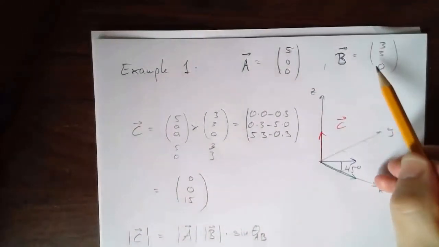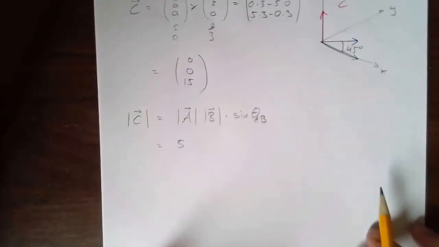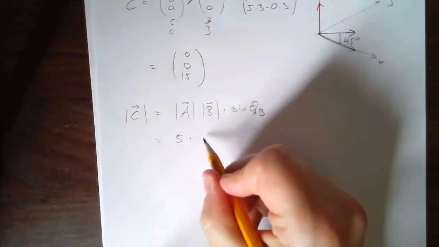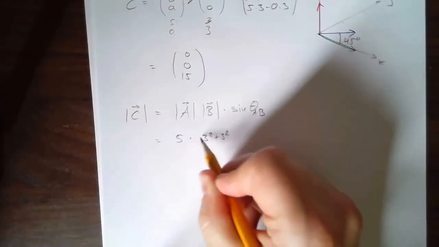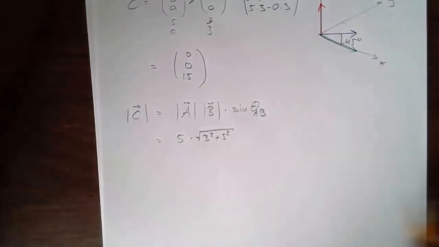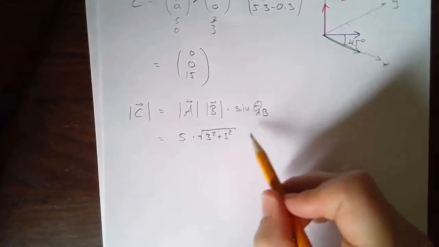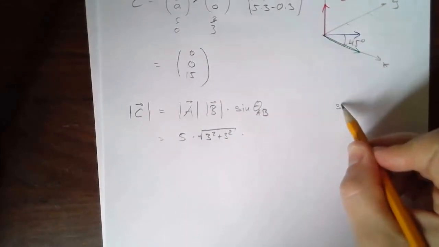What's the magnitude of B, the vector B? Well, it's 3 and 3, so I'm going to use the Pythagorean theorem. It's going to be the square root of 3 squared plus 3 squared, which is difficult. Square root of 18, what's that? Let's wait a moment. And then I'm going to multiply this by the sine of 45.